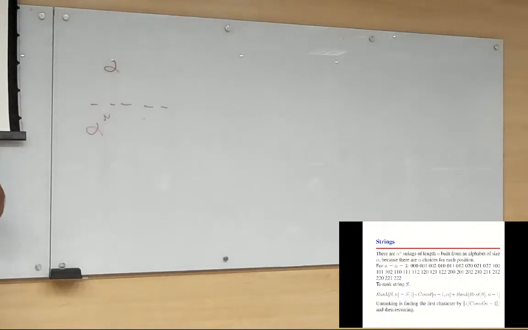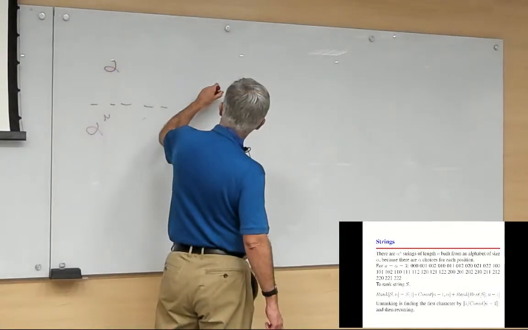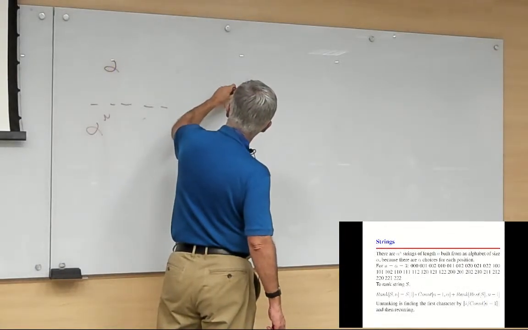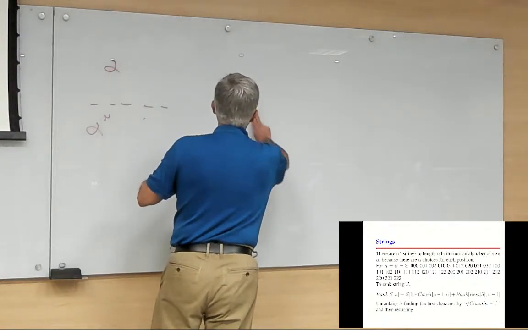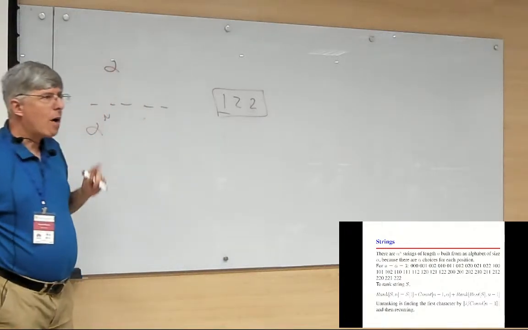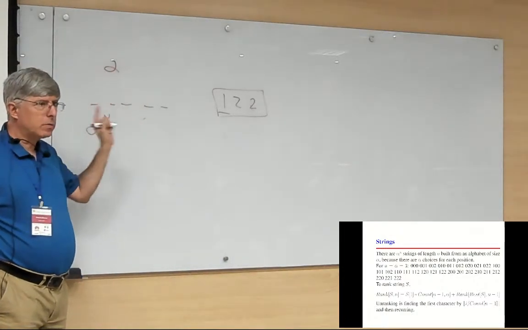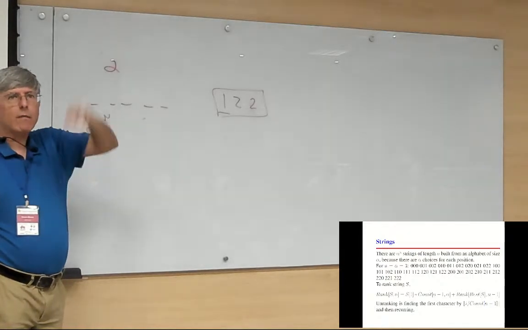I want to now rank strings generated from an alphabet of size 3 of length n. What is going to be the position of the string 1, 2, 2? How can we figure out the ranked position of a string in the lexicographic order?